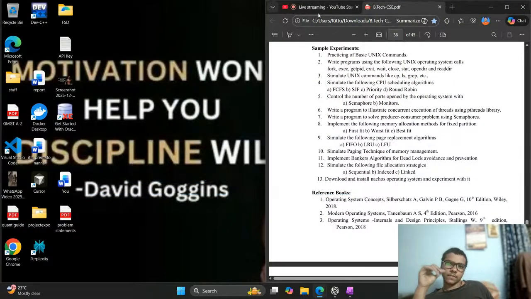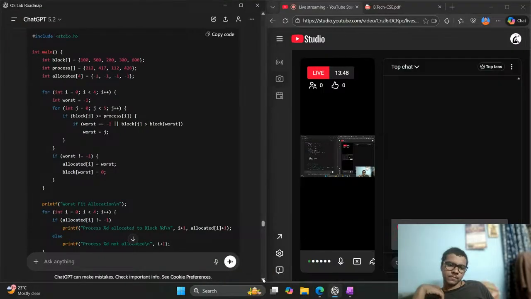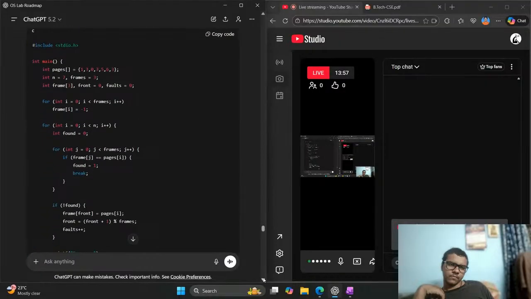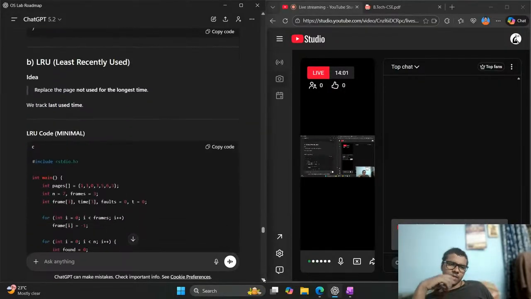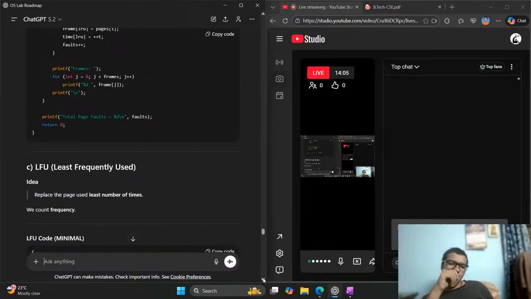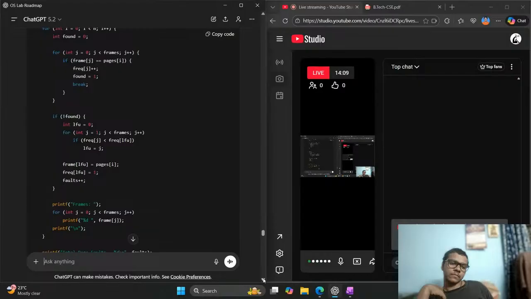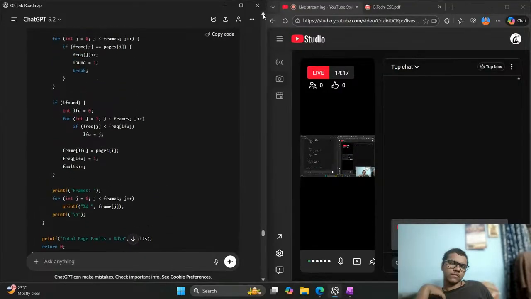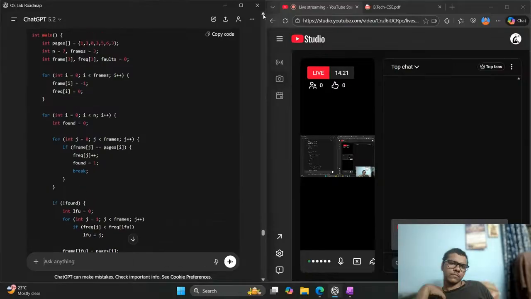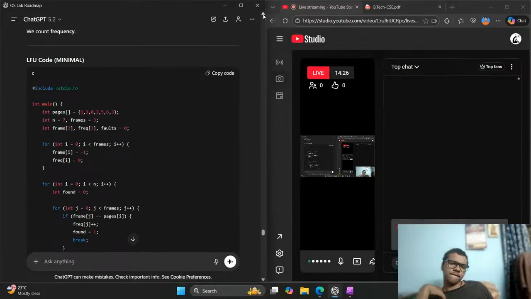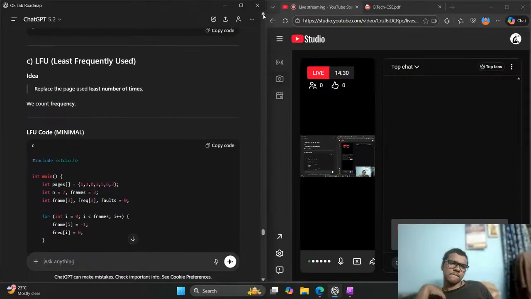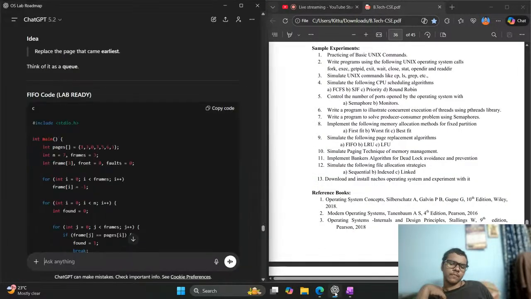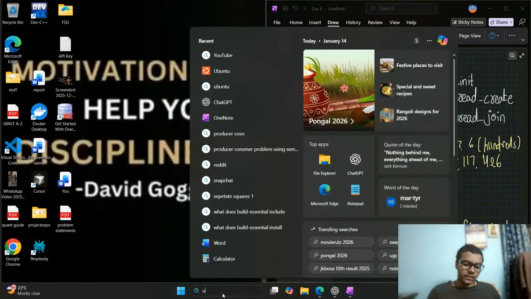Page replacement algorithms. Yeah, we need some theory for this. Let's see if we can code this or not.